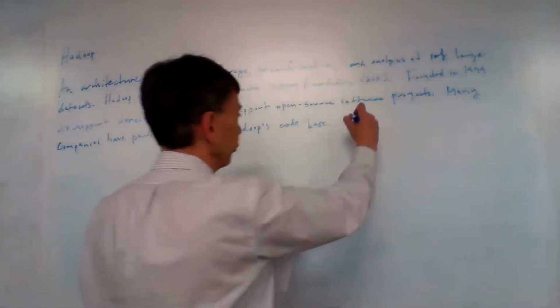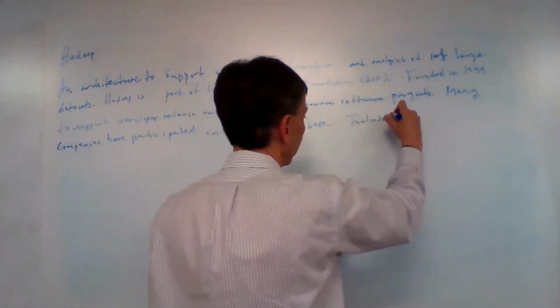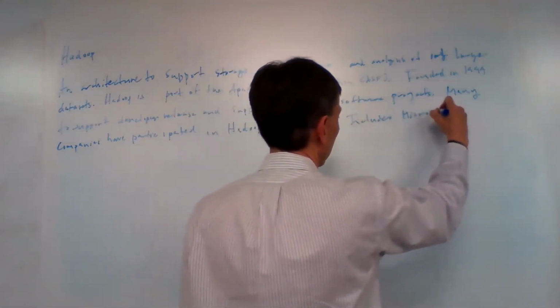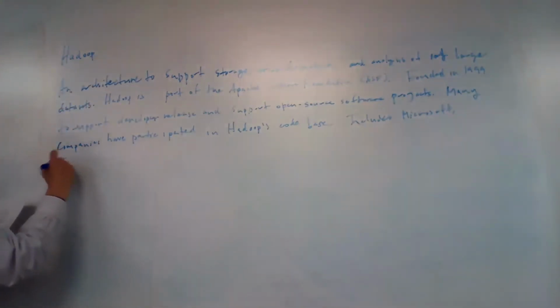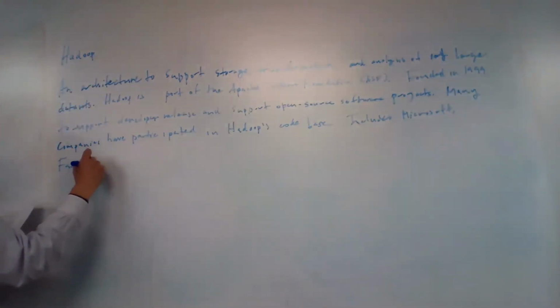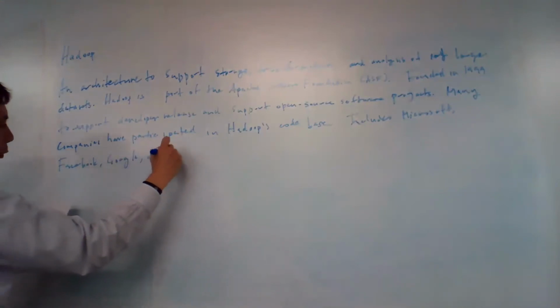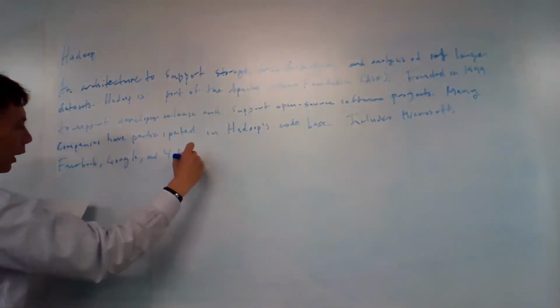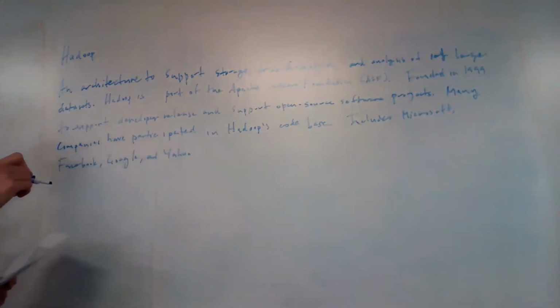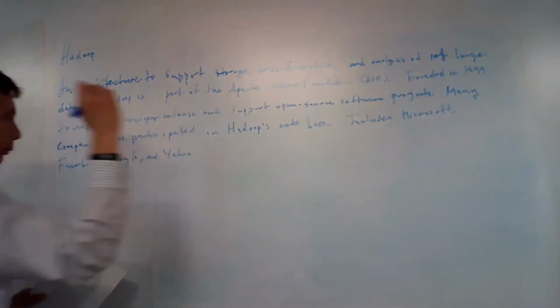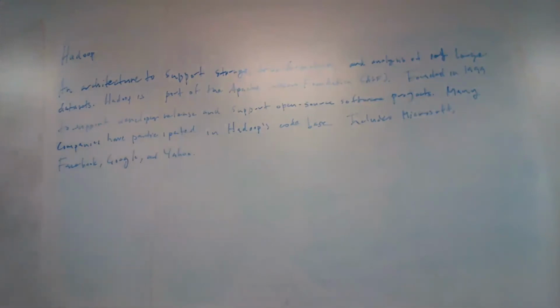So this includes Microsoft, Facebook, Google themselves offered stuff here, and most importantly, Yahoo. Yahoo no longer uses an exclamation mark in their company name, so I won't put it here.